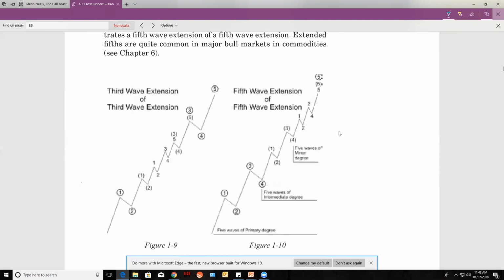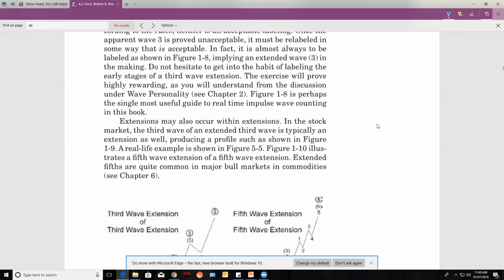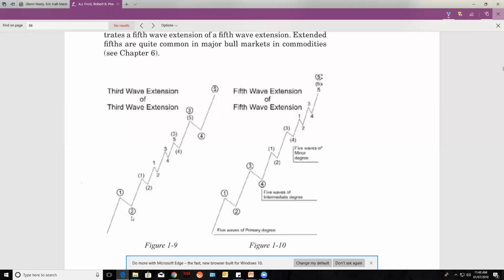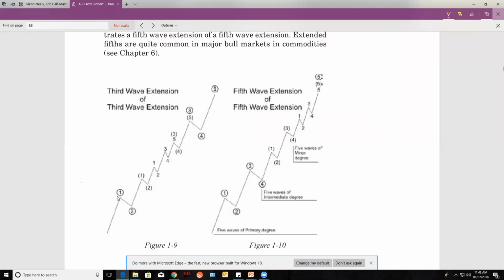See here the extension, the 3rd wave extension, the extension of a 3rd wave. What does it mean? Let's see. Here there is a 1 wave, 2 wave. This is a 3rd, this is a 4th, and this is a 5 here. This is a wave 1, wave 2, and it's a 3rd of wave 1, 2. After that there is an extension in the 3rd wave internally, 1, 2, 3, 4, 5.